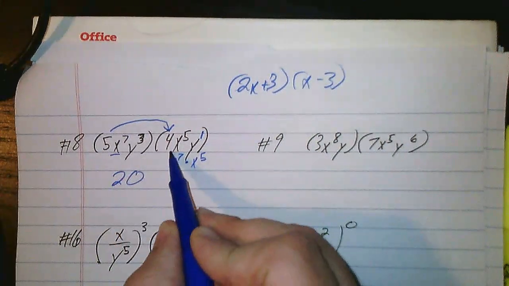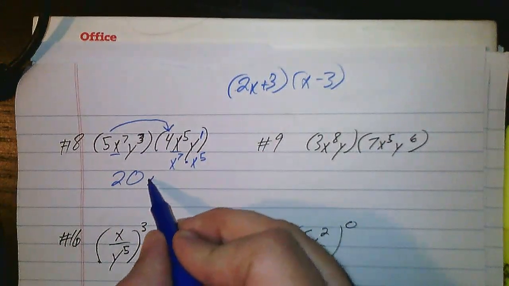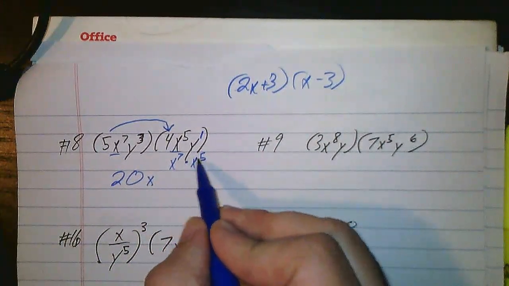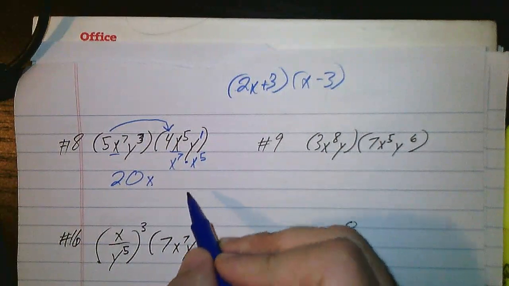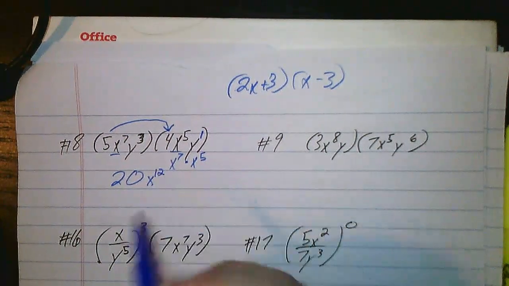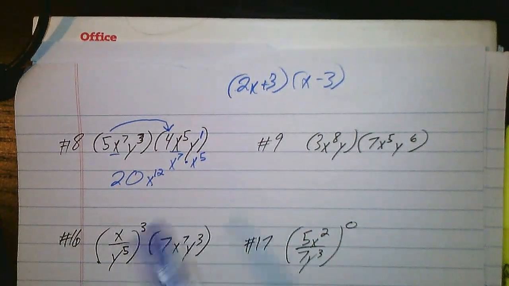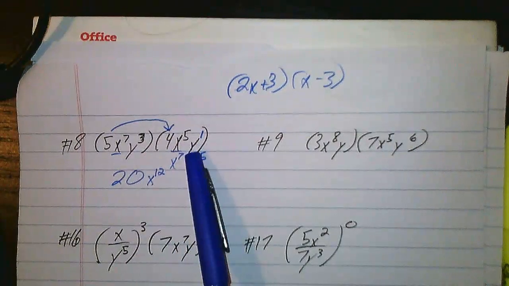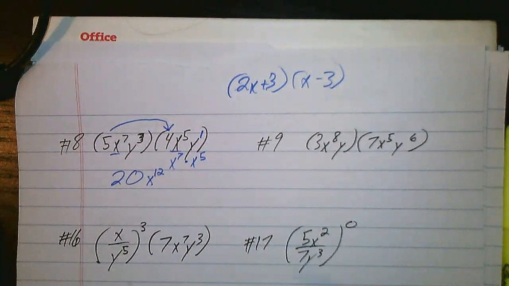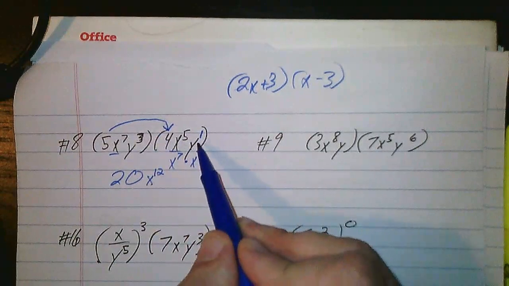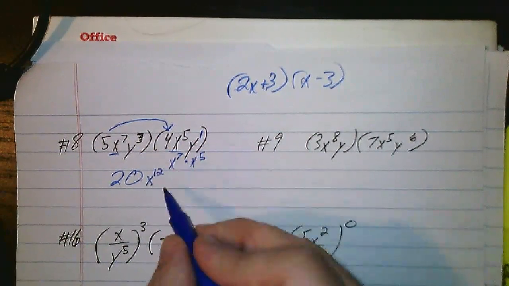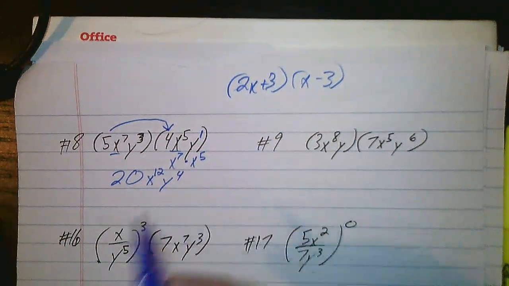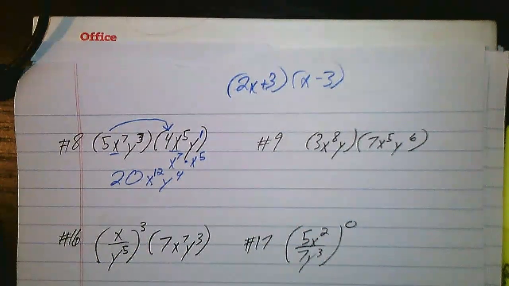That's what we see here. Our base stays the same, and this is where we add the exponents. So 5 and 7 gives us x to the 12th. Y cubed times y. This is y times itself 3 times, y again, add the exponents, and we get y to the 4th.